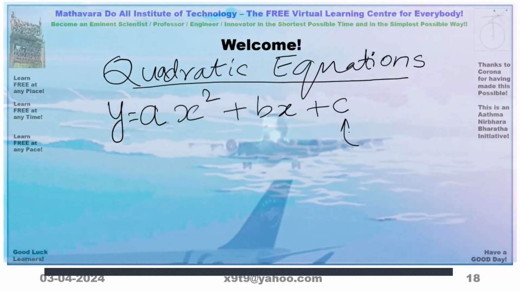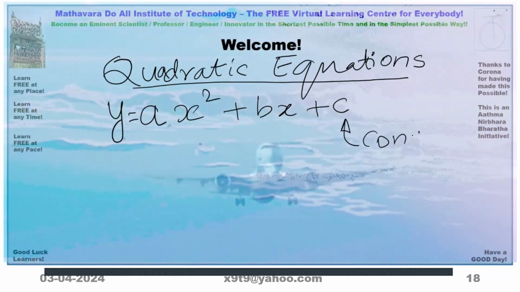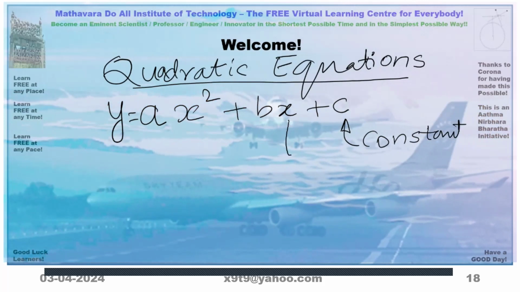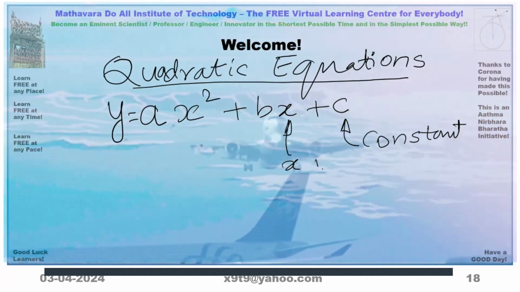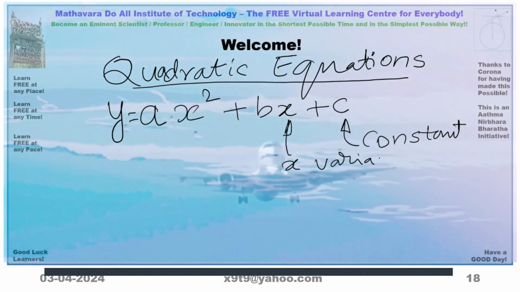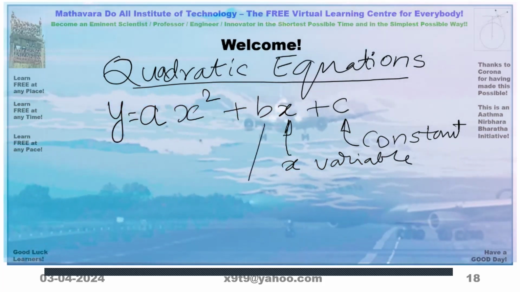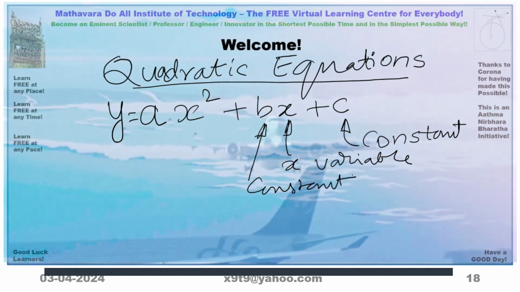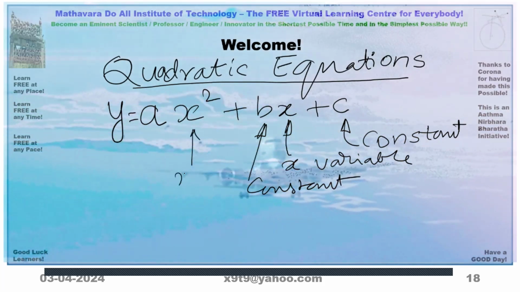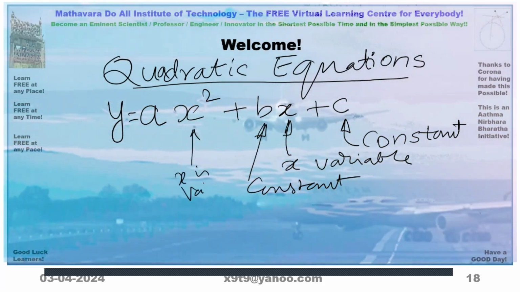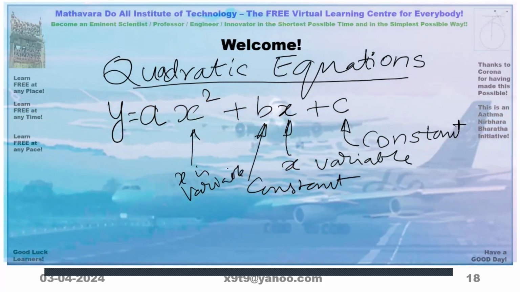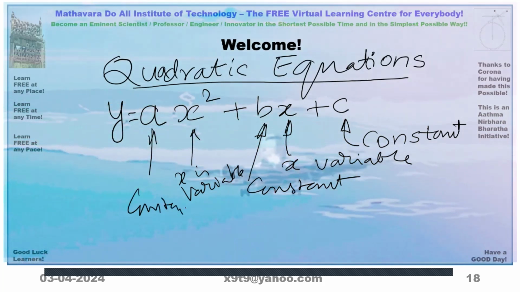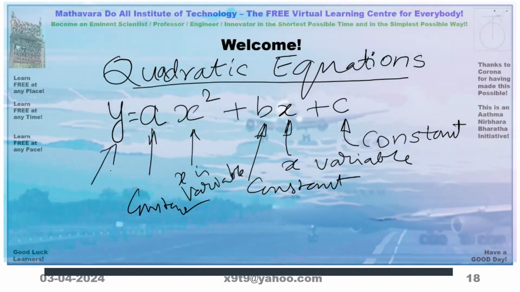Here, c is a constant term. Here, x is a variable. a is constant. y is variable.